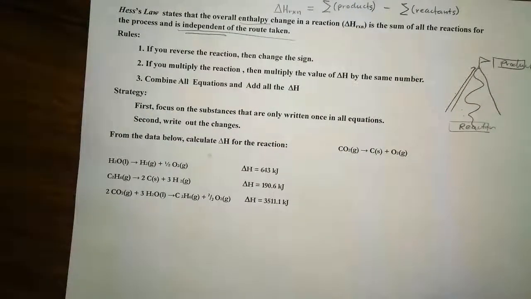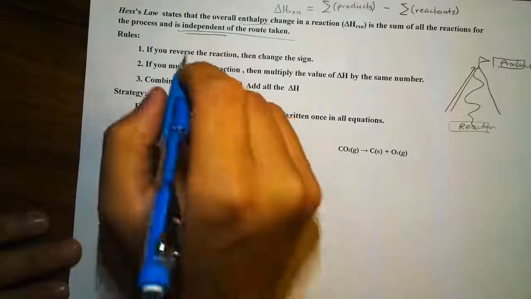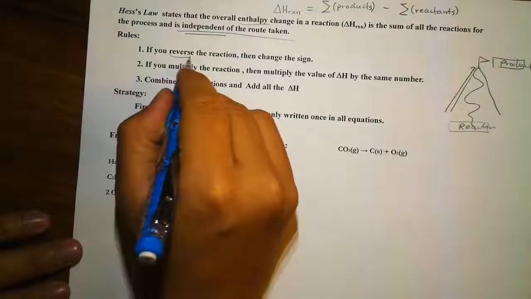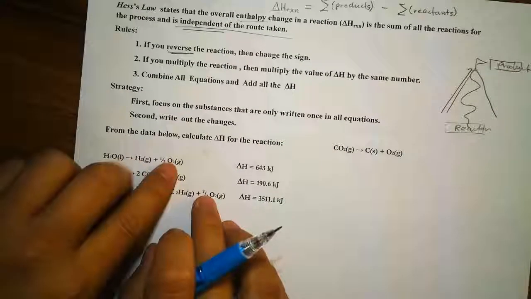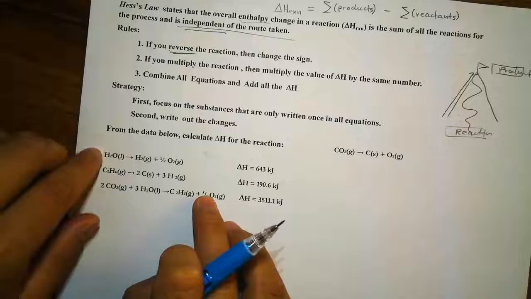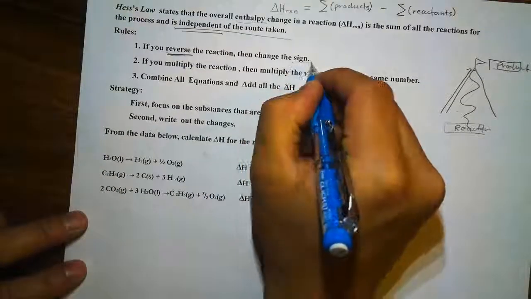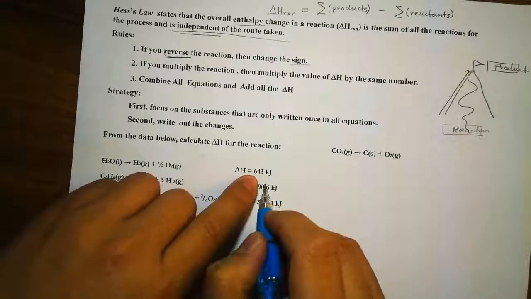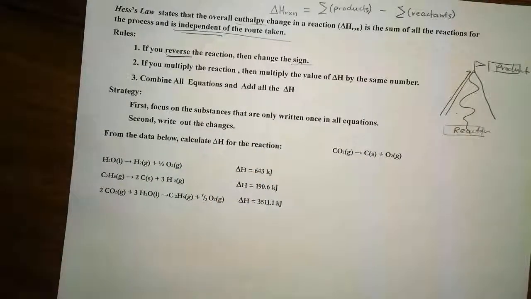In order to use Hess's law, there are 3 things that you need to look at. Pretty much 2 things, actually. That is, when you manipulate this equation, if you reverse the equation, that means this product becomes reactant, you would do the same thing to the sign of delta H. Okay? If this is positive and you reverse it, it becomes negative.